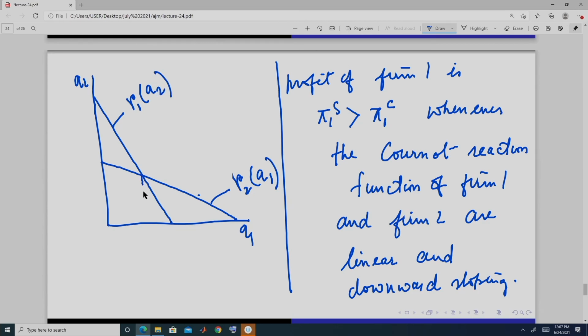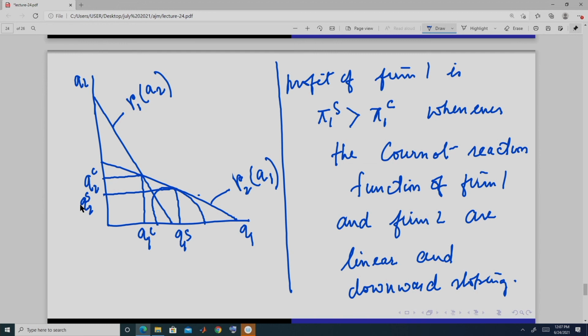This is Q1C, the Cournot output, right. We know that wherever the Cournot reaction functions intersect, we get the Cournot output. And we have seen this to be the Stackelberg output of firm 1 and this is the Stackelberg output of firm 2.